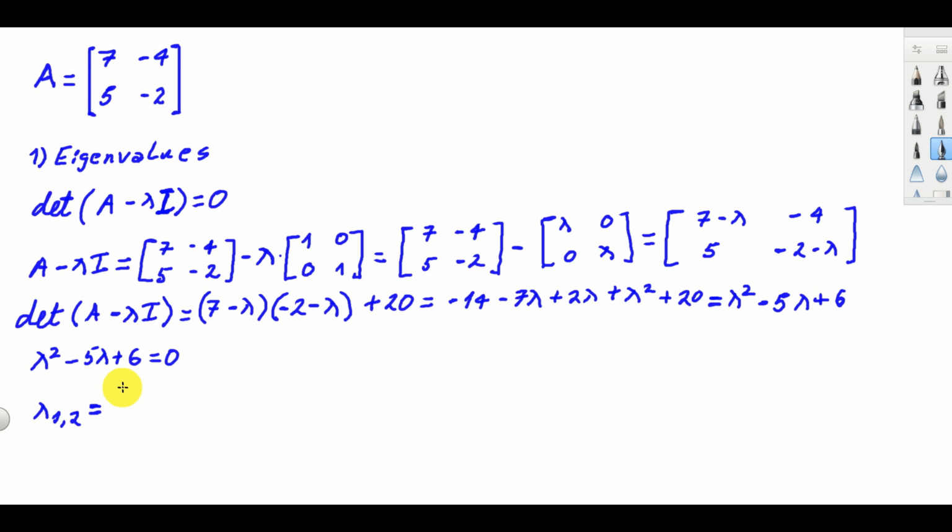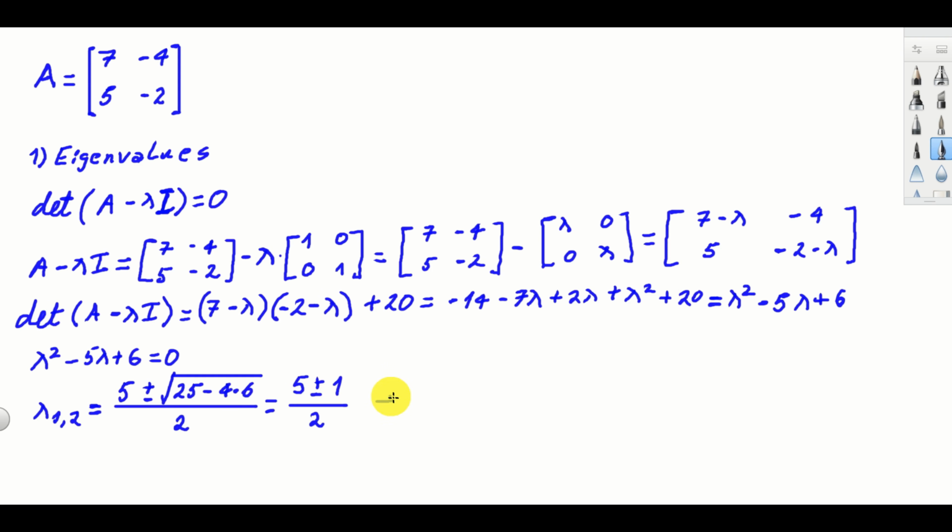We have 5 plus minus square root of b squared, it's 25, minus 4ac, minus 4 multiplying 6, divided by 2. And finally this becomes 5 plus minus 1 divided by 2.